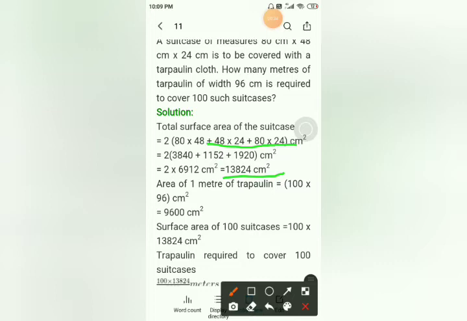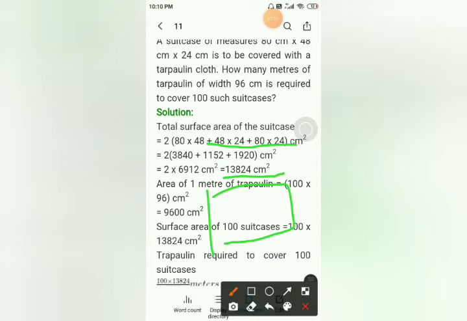Now we have to find out how many meters of cloth of width, specifically, they have given 96 centimeter width, is to be used to cover such 100 suitcases. So area of 1 meter of tarpaulin will be equal to 100 times 96 centimeter square. That is the area of 1 meter tarpaulin.